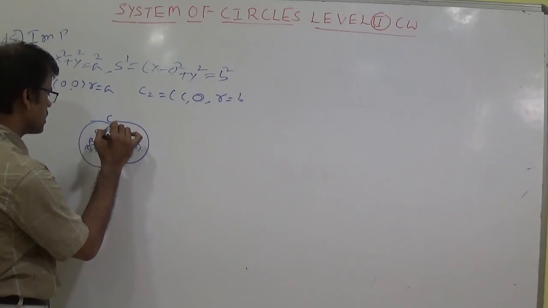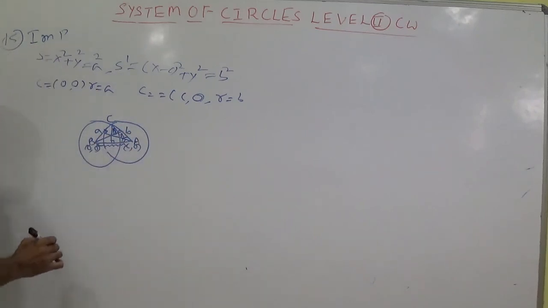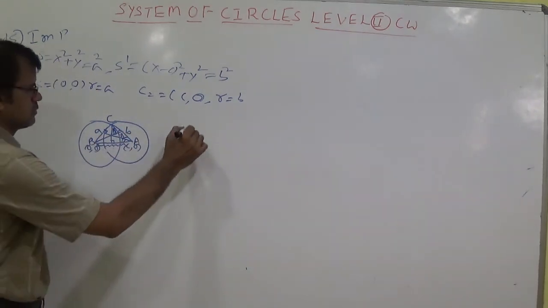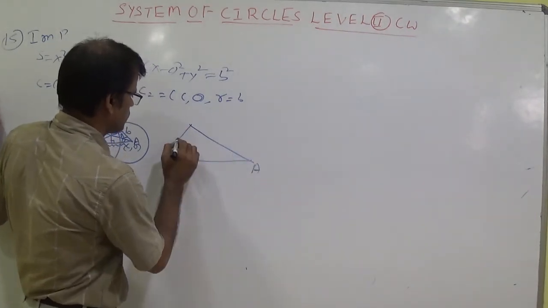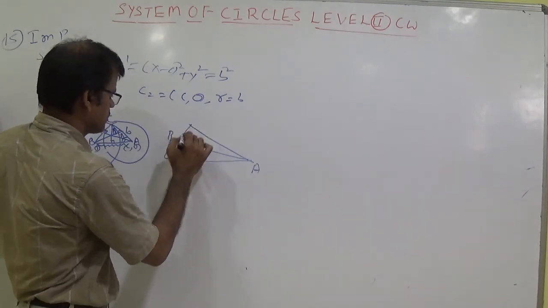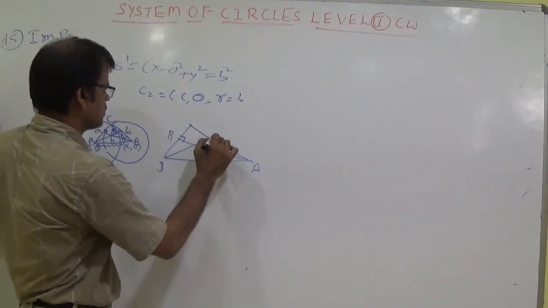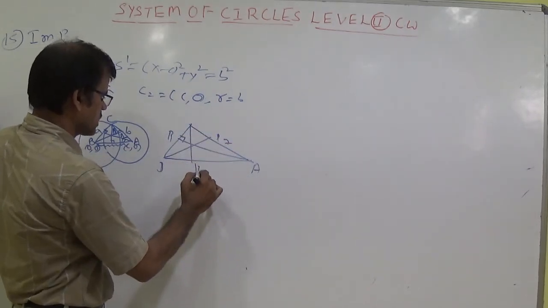Through C, what is happening? The altitude P3. Put A here. Students, this is P1, understand. This is B. This is P2, altitude. This is P3, exactly P3.